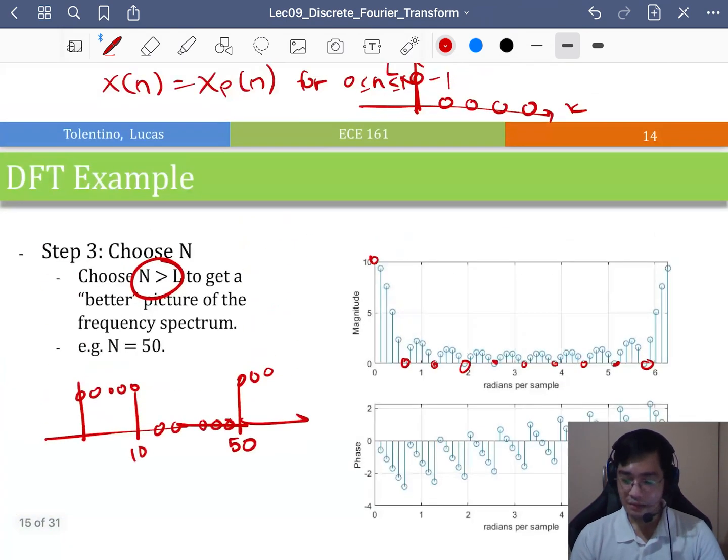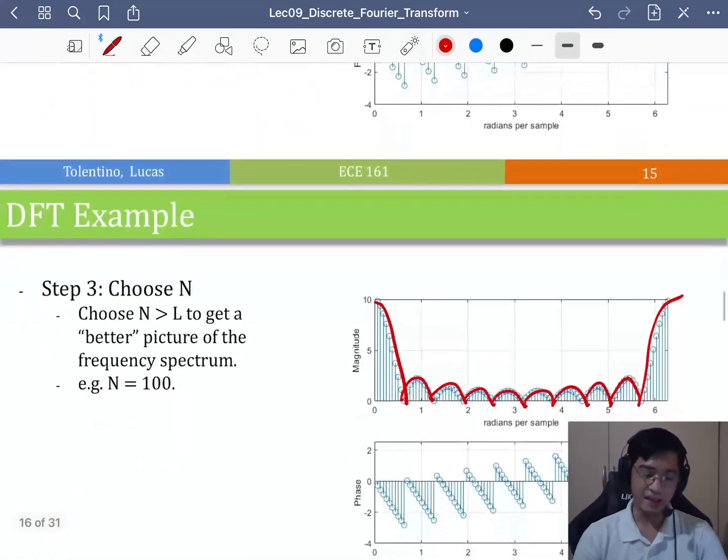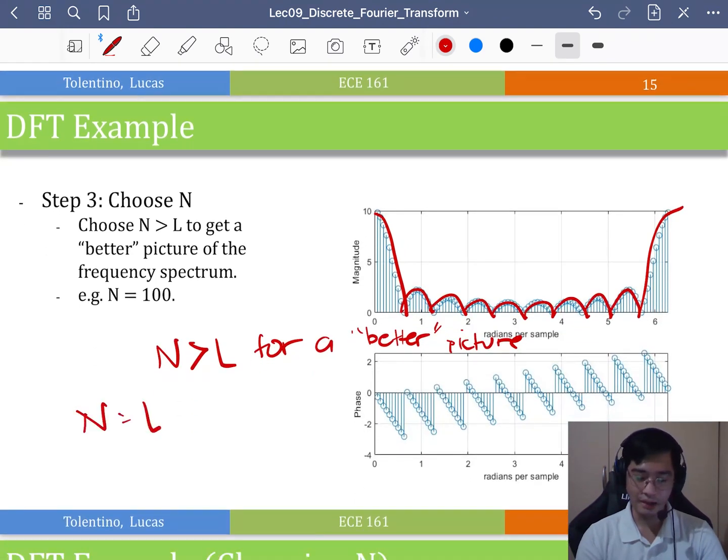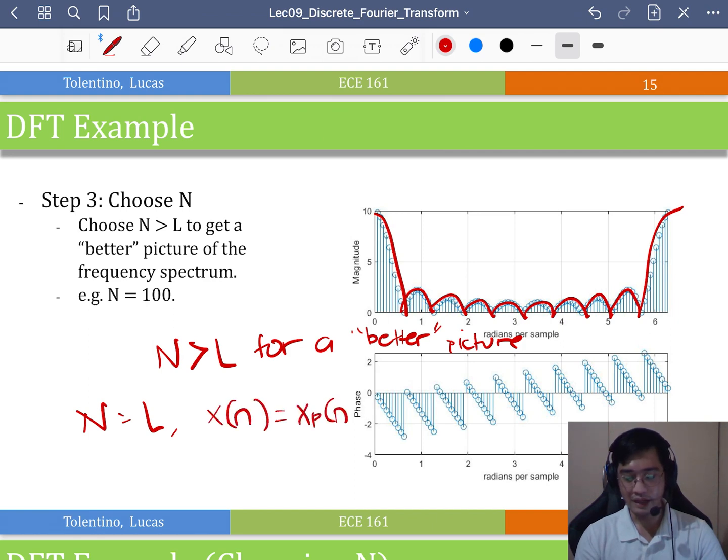So in general, we should choose n greater than L for a better frequency resolution or better picture of the frequency domain. If n is equal to L, x of n is equal to x sub p, we capture the information of the original time domain signal, which is okay, but a poor picture of the frequency domain.